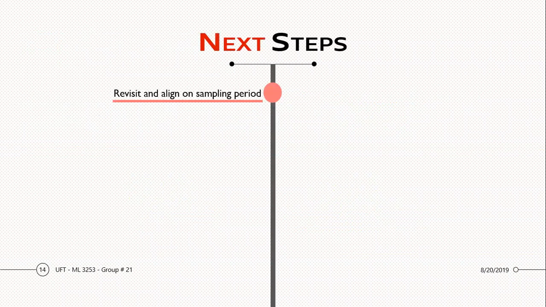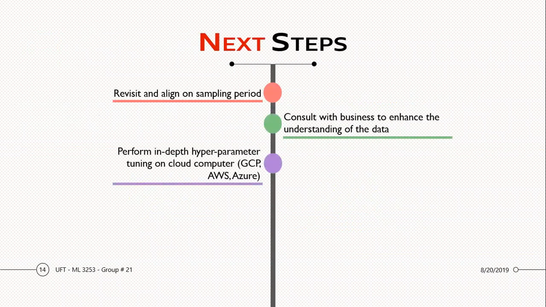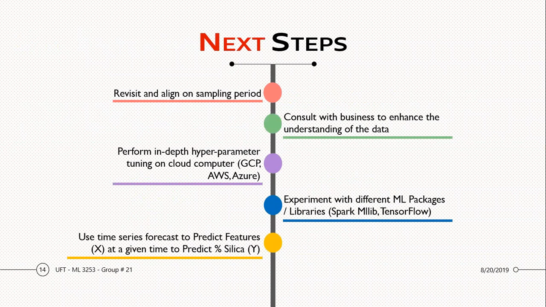In terms of the next steps, we want to first revisit the problem and consult with the business to better understand the data, its variance, and align on the sampling period. Next, we will need more powerful computers to perform in-depth hyperparameter tuning to find the best parameters that will maximize the model's performance.